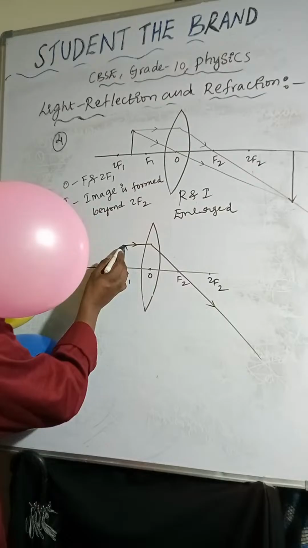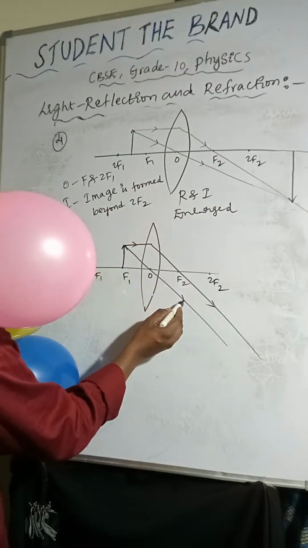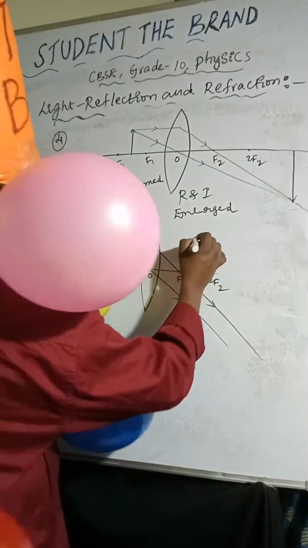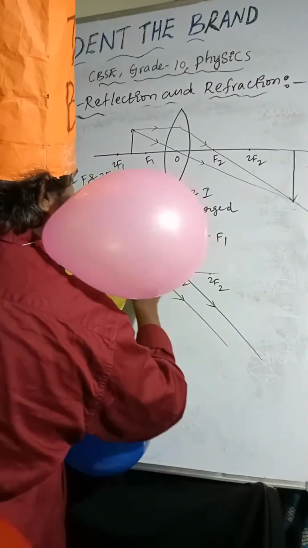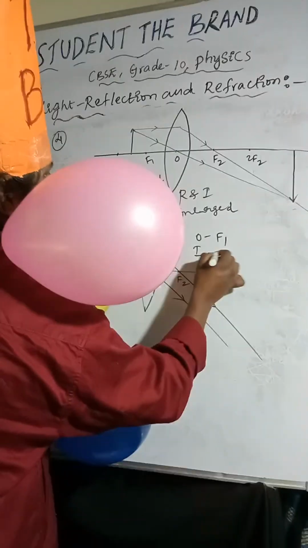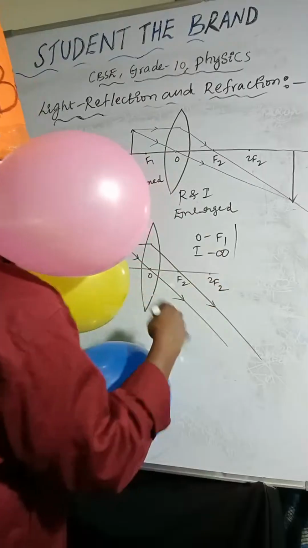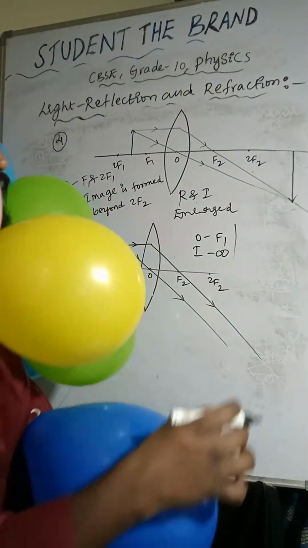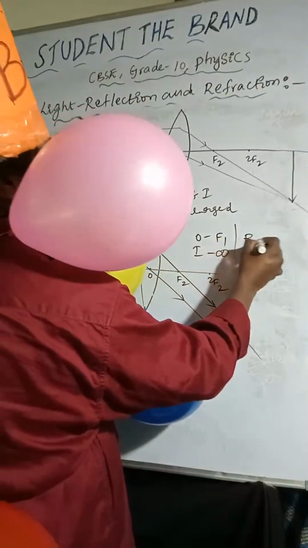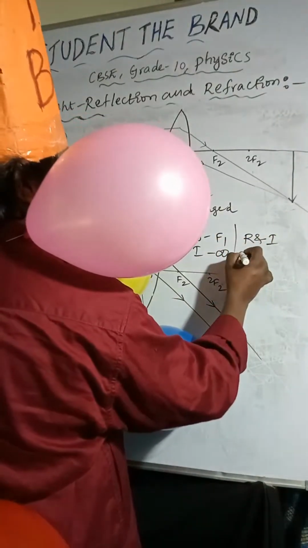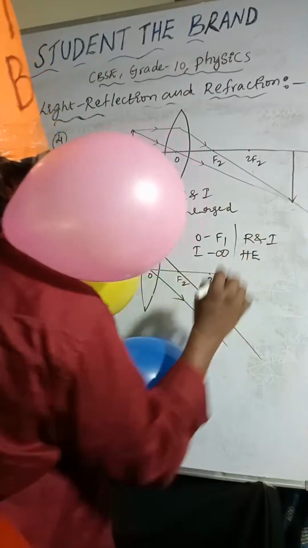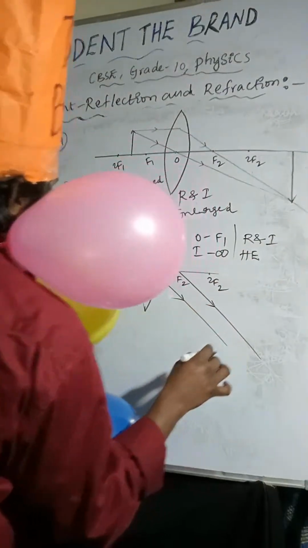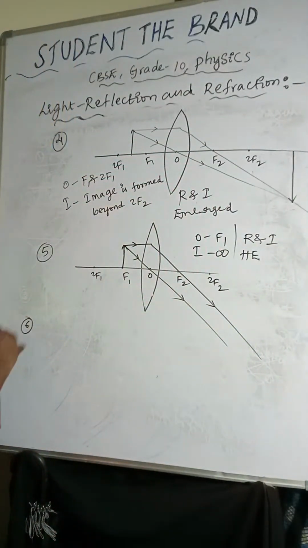Another light ray is passing through optic center. Object is placed at F1. Image is formed at infinity. Nature of the image is real and inverted, and the size of the image is highly enlarged. So that is about the fifth case. Coming to the sixth case.